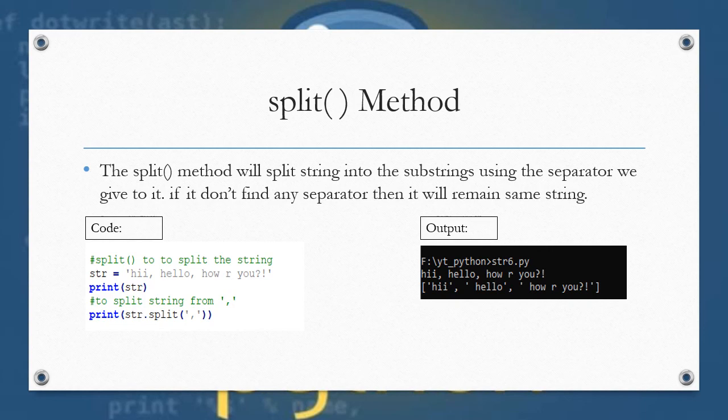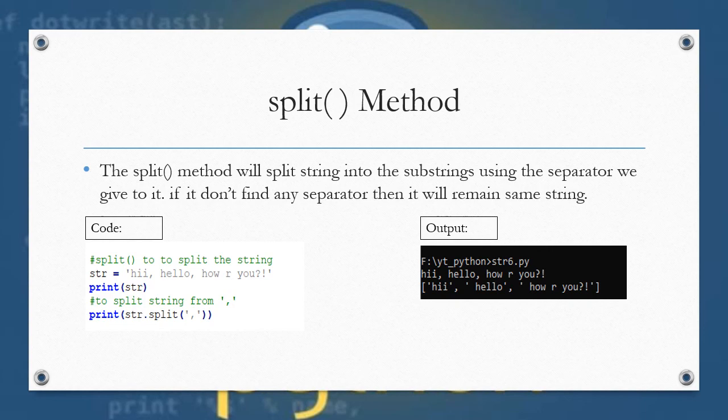This is one string, but I want to separate it into substrings. So wherever I find a comma, I want to separate that part from the original string.